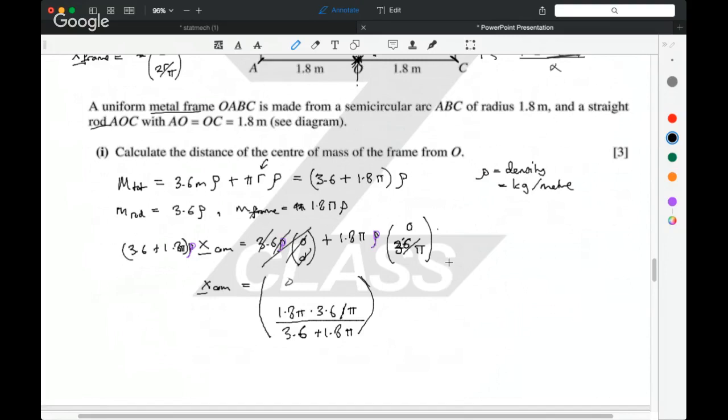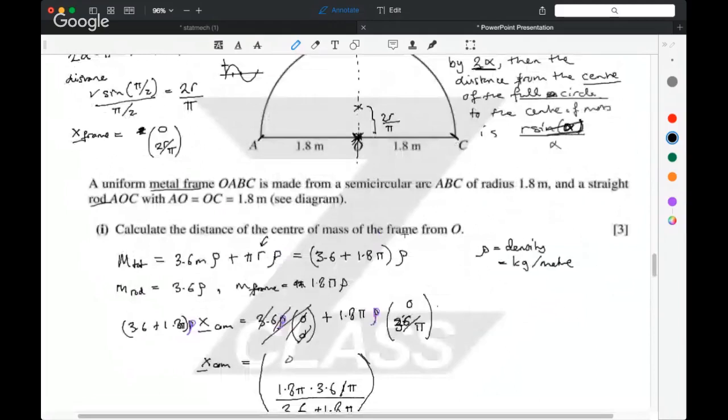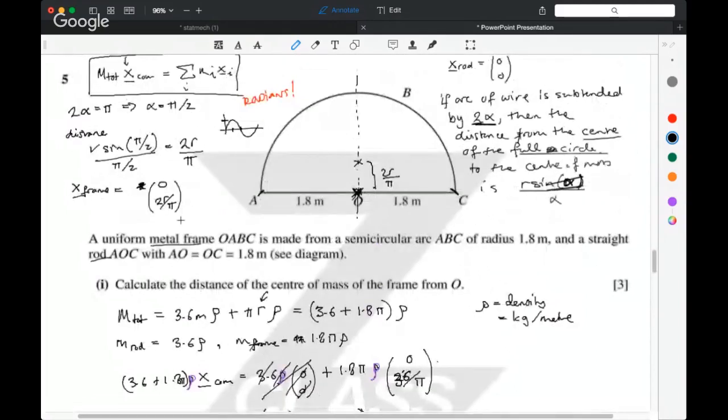Oh, hello, so this is actually the next question. What I was actually after was the center of mass of the whole thing. We've already worked out the center of mass of the frame. No, the frame is the whole thing. I've been doing it right, sorry.